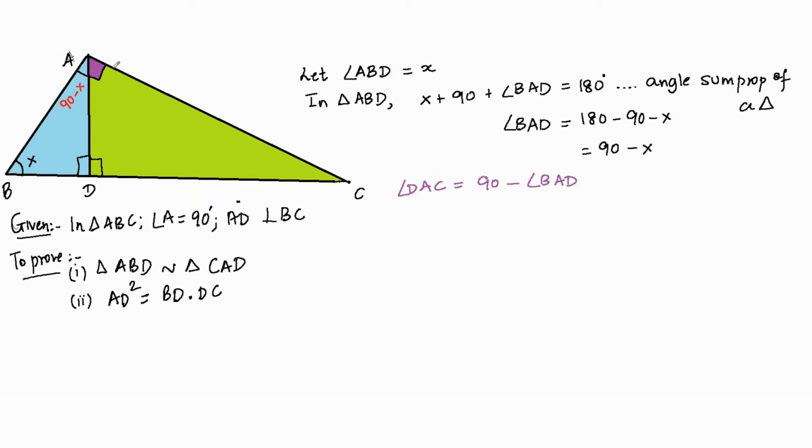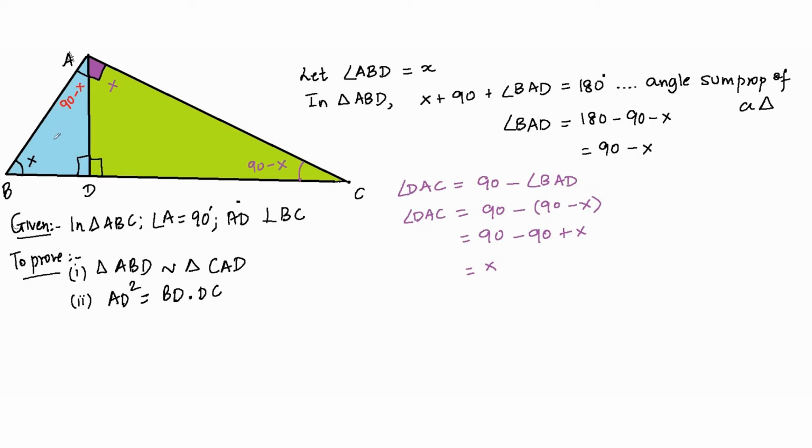Because the whole angle A is 90, of which this part is 90 minus X. Therefore, angle DAC can be found out as 90 minus angle BAD, which is 90 minus of 90 minus X. Opening up the brackets, I get 90 minus 90 plus X. 90 minus 90 cancels, and therefore angle DAC is equal to X. So this particular angle is X, this angle is 90, and therefore again using similar logic, I can find angle C. Angle C is going to be 90 minus X, right?